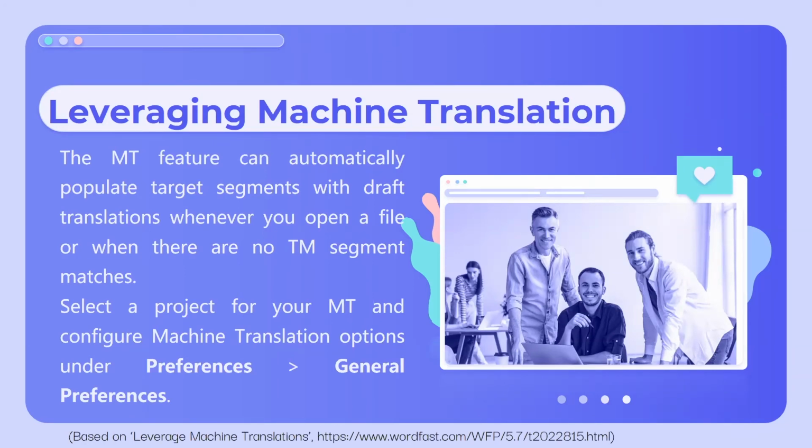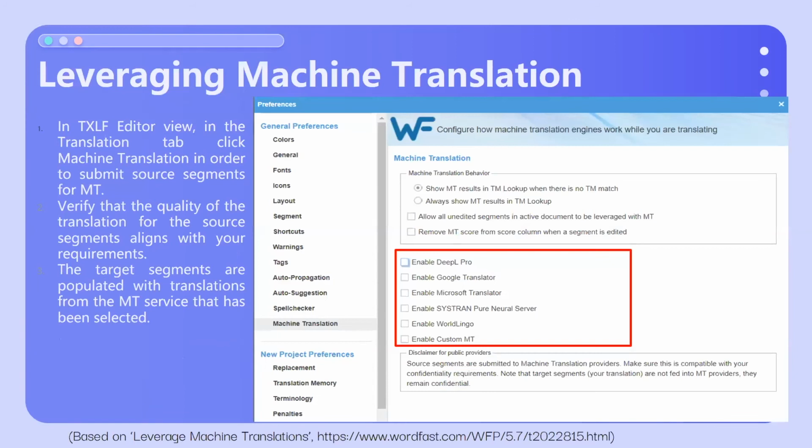In order to enable this function, we have to go to the machine translation options under preferences, and then go to general preference. Preference, general preference, and we choose machine translation.